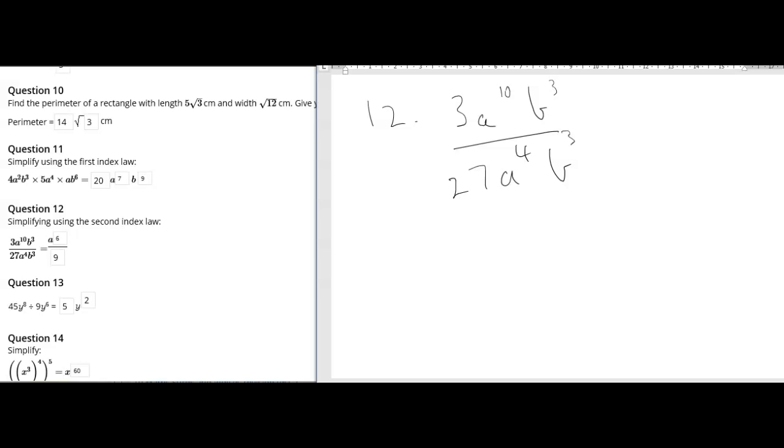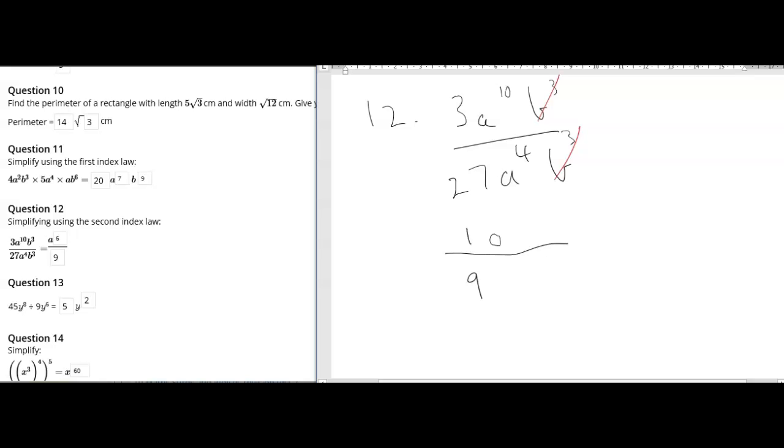So b cubed over b cubed cancels each other out, because b cubed over b cubed is just 1, so they go away. We can simplify the 3 and the 27 because 3 goes into 3, obviously, but 3 also goes into 27. So we're going to have 1 over 9. Okay, so 3 over 27 is the same as 1/9.